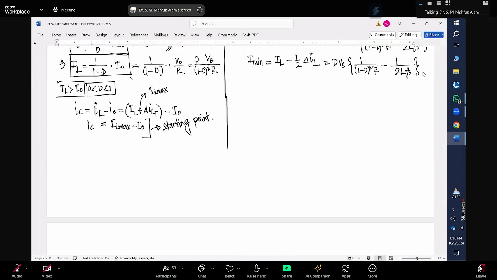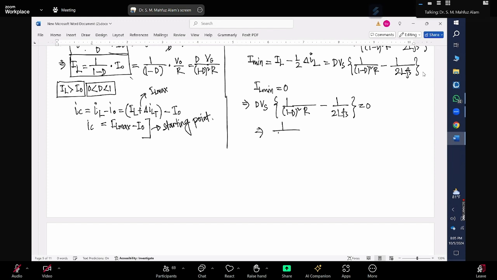So for that, we can write IL min should be equal to 0, meaning D multiplied by Vs over 1 minus D whole square multiplied by R minus 1 over twice L Fs should be equal to 0. This first factor cannot be 0, so this thing has to be 0.